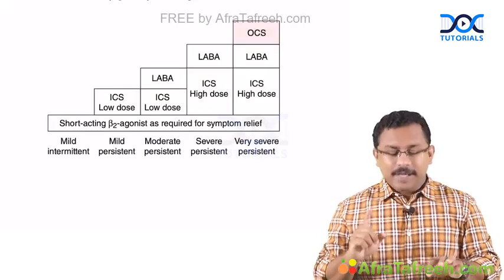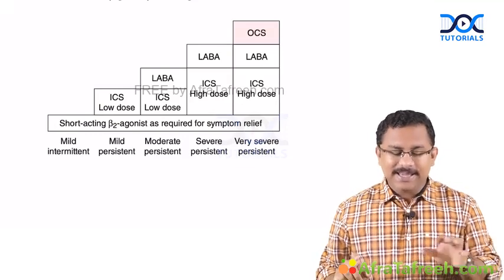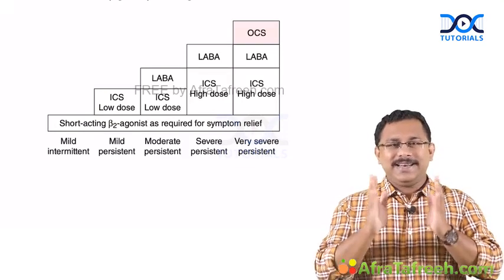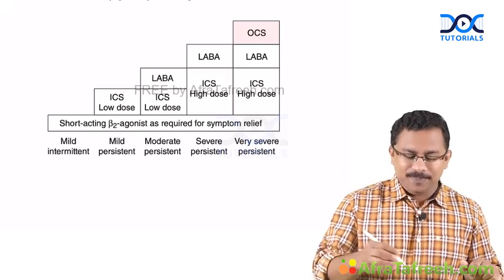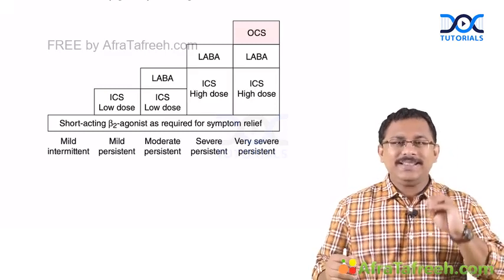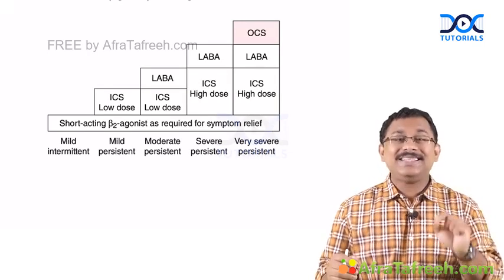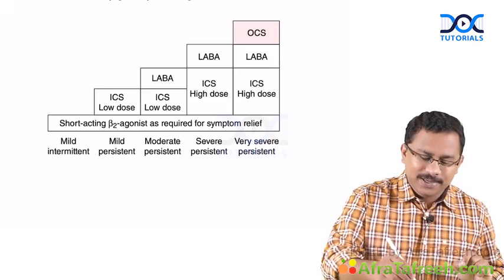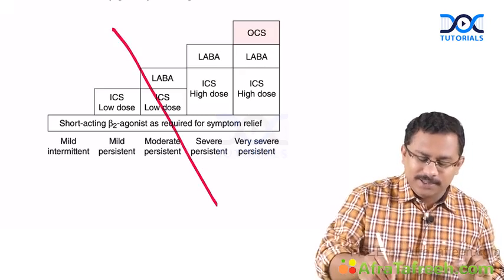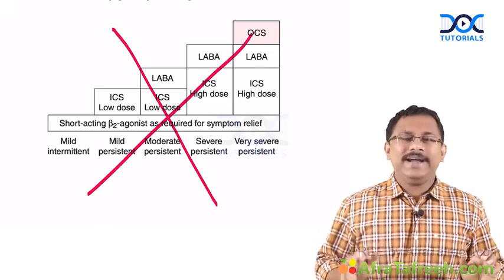Now see, in Harrison, that is the 20th edition, this is the management that is mentioned. You can see this is the stepwise management. But let me tell you one thing, this management mentioned in the 20th edition of Harrison is outdated. So you need not learn this, because this is the old guideline.